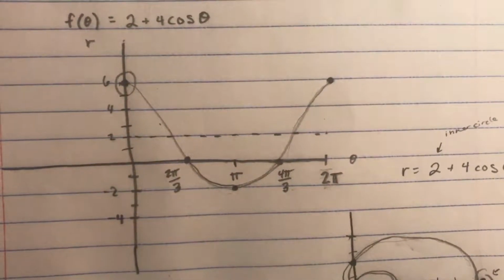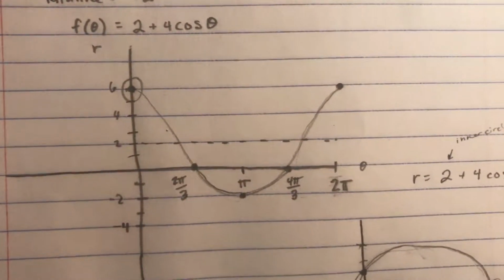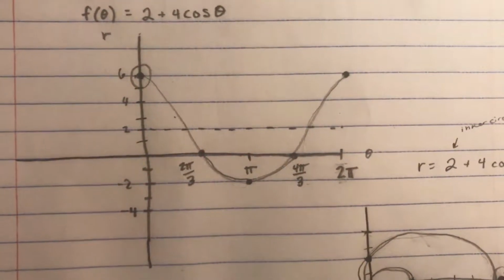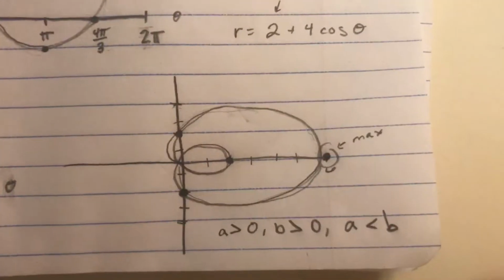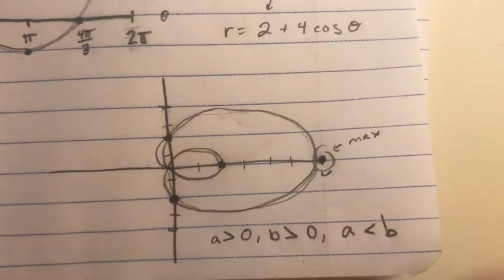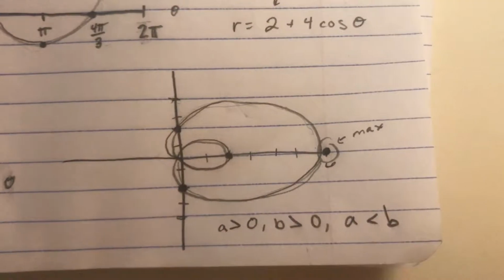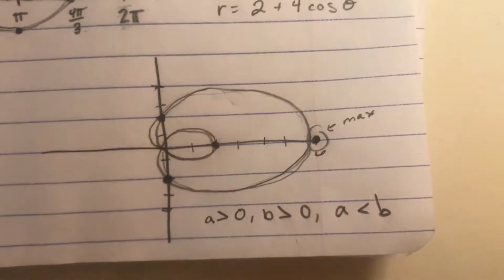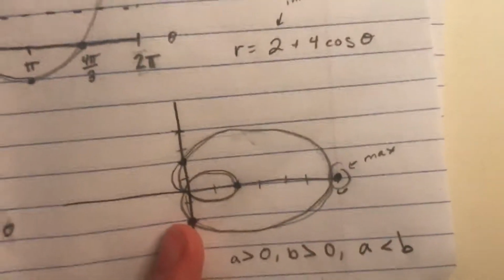So after we've graphed our kind of traditional cosine graph, then we move on to the polar graph. So here, because these graphs correspond, it's going to help us graph the polar graph.